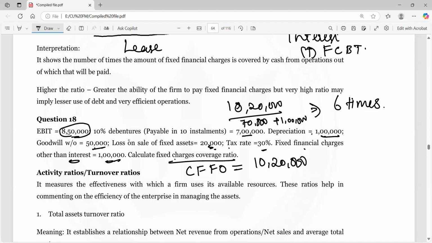Is it clear? Any doubt in this? So for every 1 rupee of fixed financial charges, you have 6 rupees of what? Cash, not profit, right? Is it clear? Any doubt in this so far?